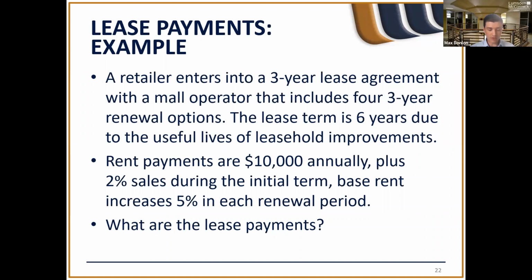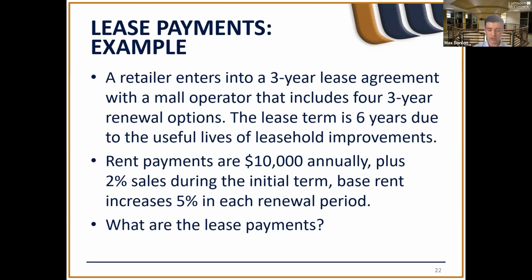If rent payments are $10,000 annually plus 2% of sales during the initial term, with base rent increasing 5% in each renewal period, what are the lease payments? Well, in this instance, the percentage rent based on sales is variable and thus would not be included in the lease payments, and you would expense it as incurred.